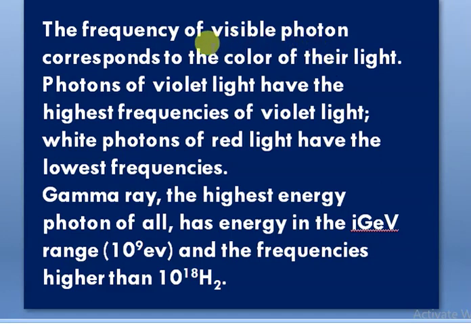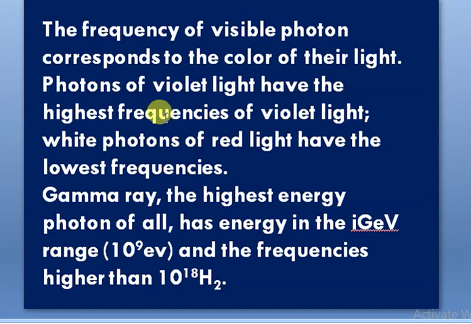Now, the frequency of a visible photon corresponds to the color of its light. Remember these visible lights? We have many colors of visible light: red, orange, green, violet, indigo and others. So we say that the frequency of this visible photon will correspond to the color of the light. For example, the photon of violet light. These colors of visible light, we call them ROYGBIV. R, red.